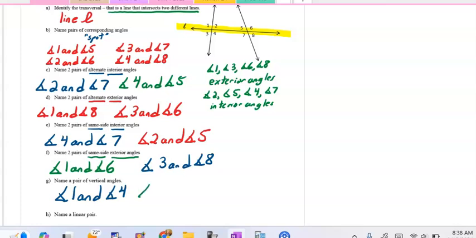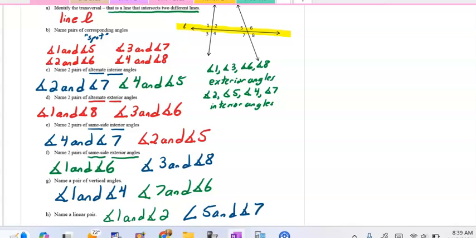Another possibility could be angle 7 and angle 6. And then linear pair are 2 angles that form a line. An example could be angle 1 and angle 2. Another example could be angle 5 and angle 7. Remember, linear pairs are supplementary and they add to 180.